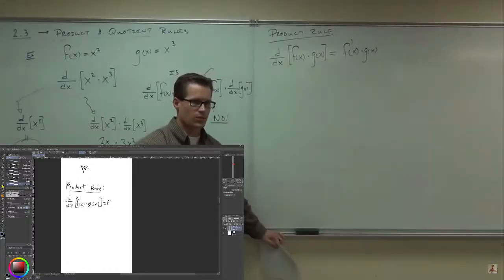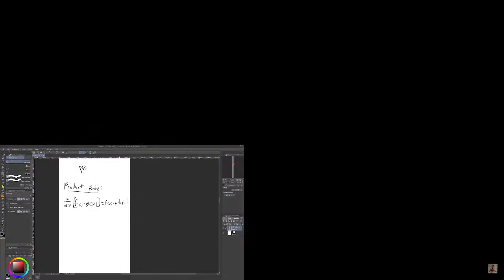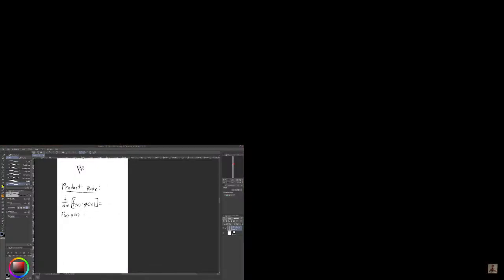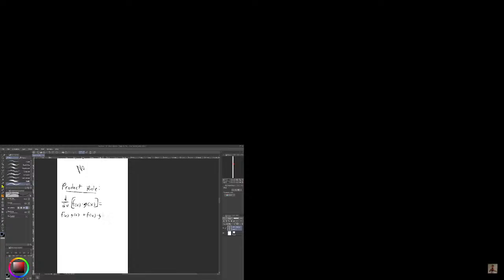You leave the second one alone. You add to it the first function left alone times the derivative of the second. You've still taken the derivative of each one, but it's different than this. You have that addition in there.